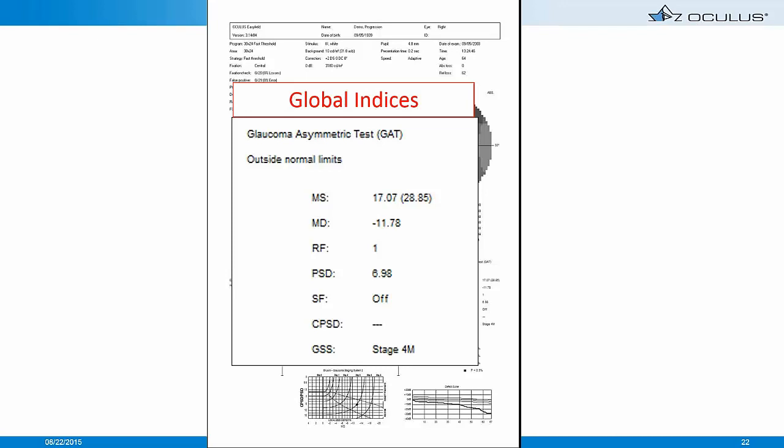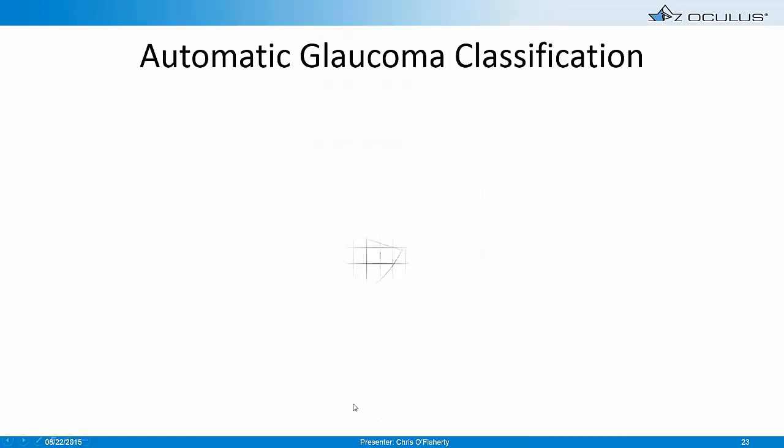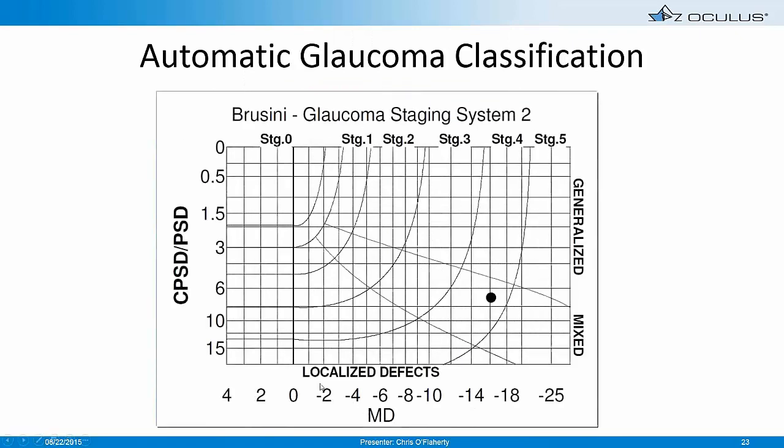We have a Bebie glaucoma staging system right there, and the glaucoma staging system takes both the mean deviation and the pattern standard deviation into consideration and automatically gives us a class on the visual field. The classes are 0 being normal, borderline, and then we have stage 1, 2, 3, 4, and 5 glaucoma.